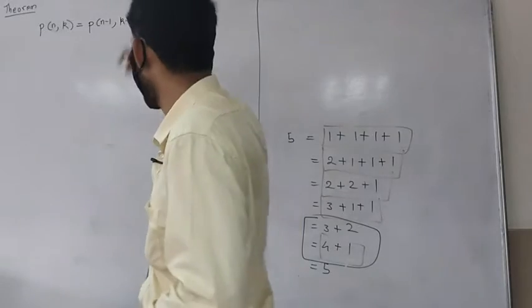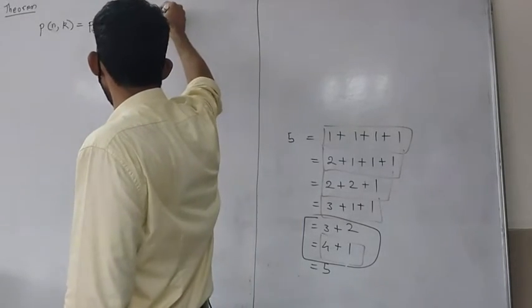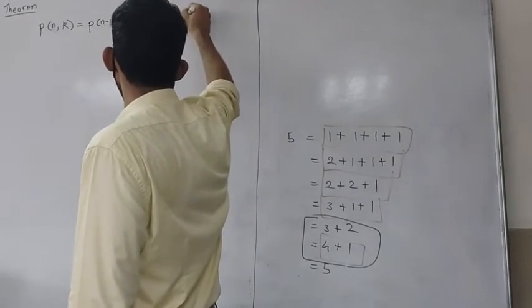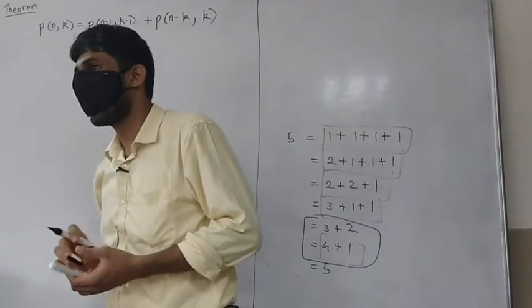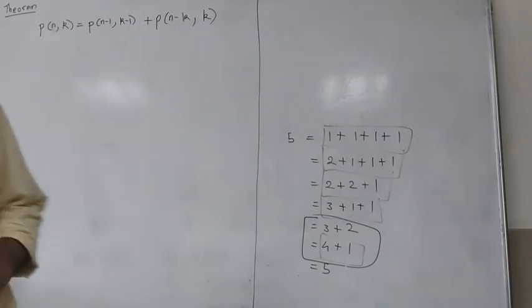So what do I have to add here? P(n minus k, k). Okay, so we are taking 2 different possibilities.